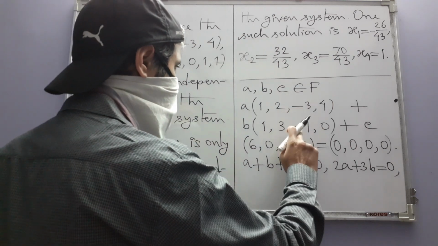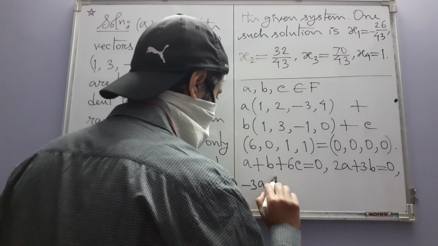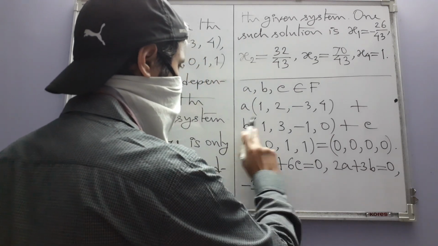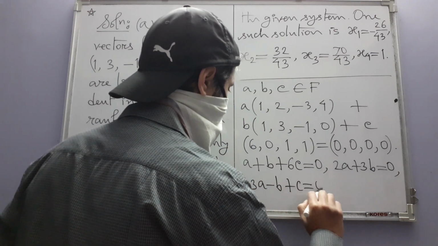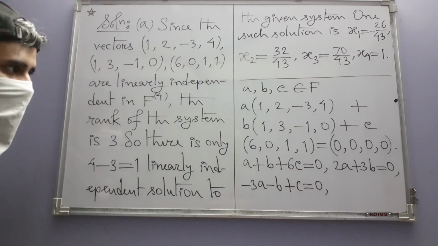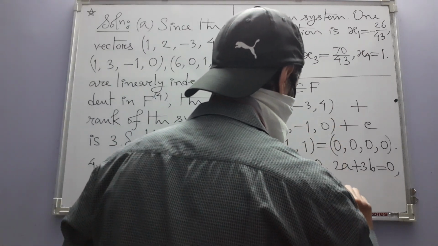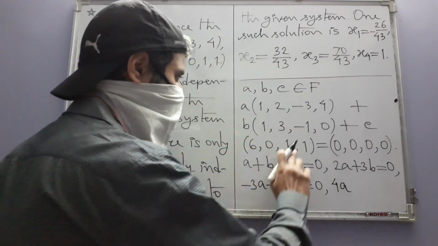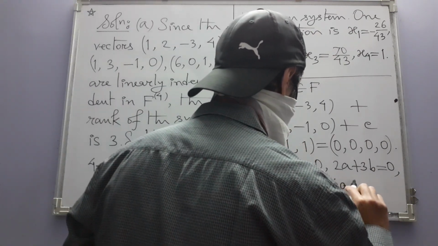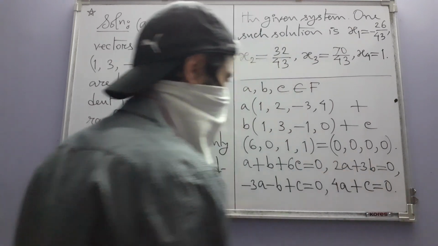Then minus 3A minus B plus C equal to 0. That is another equation. And finally we have 4A plus there won't be any B here, plus C is equal to 0.